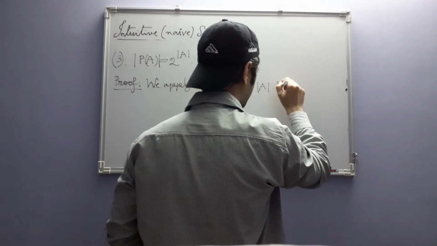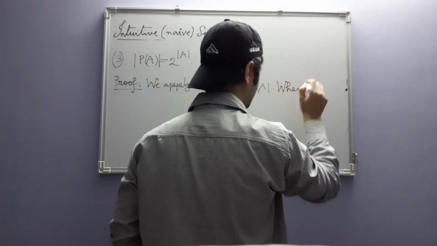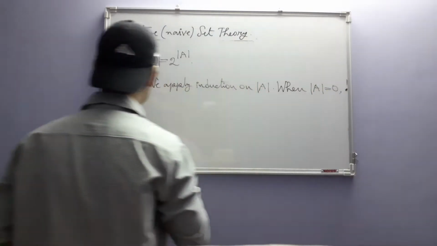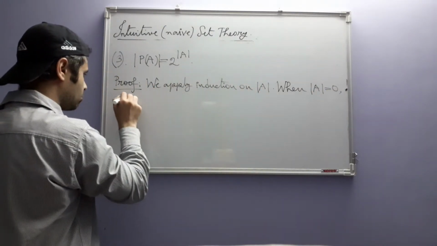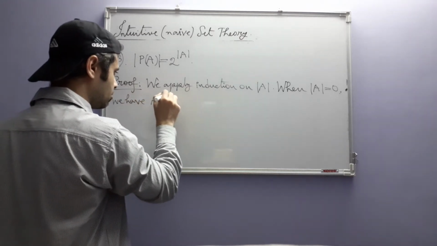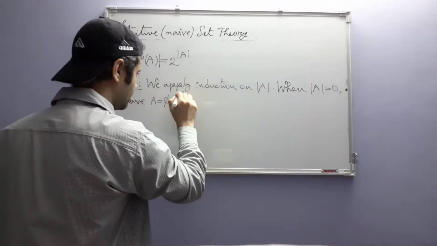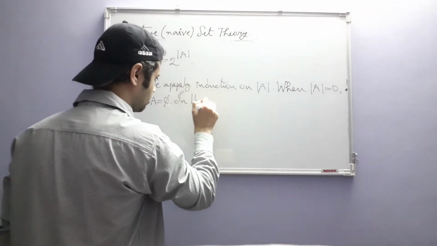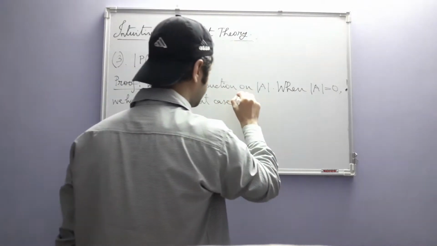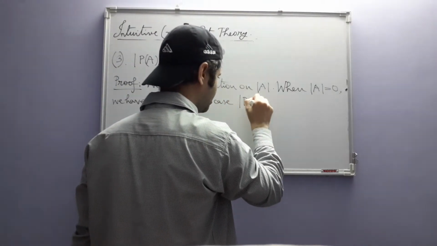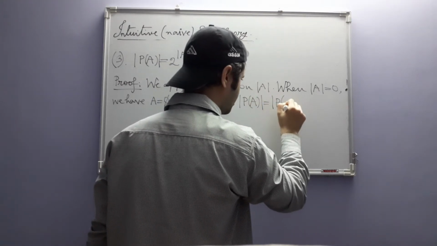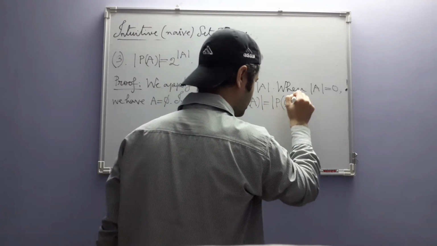So same when you start with the smallest value. When cardinality of A is equal to 0, we have A equal to empty set. In that case, cardinality of P of A is equal to cardinality of power set of the empty set.